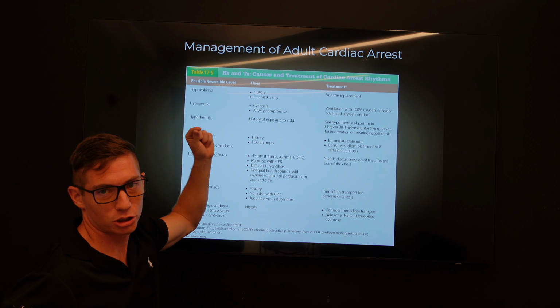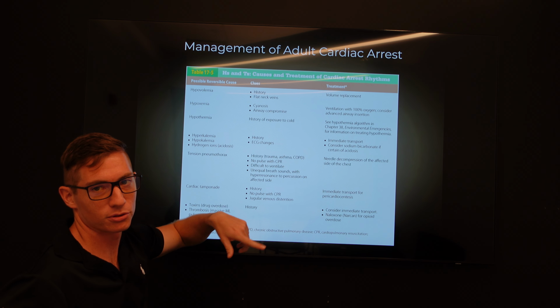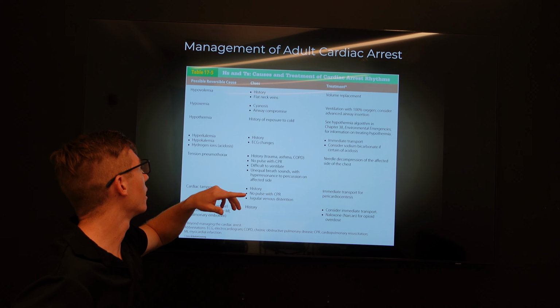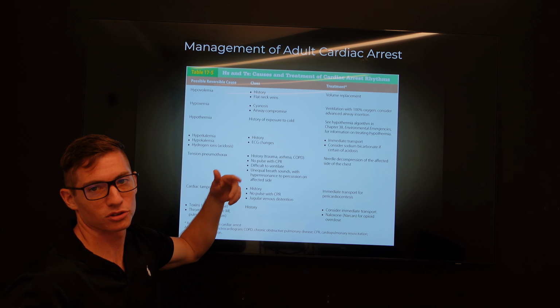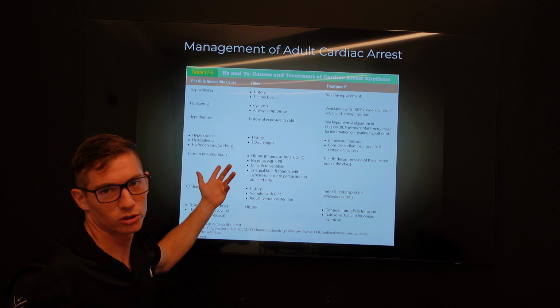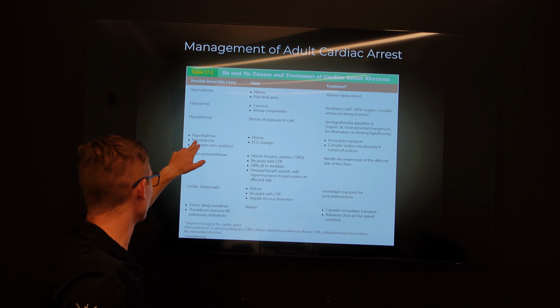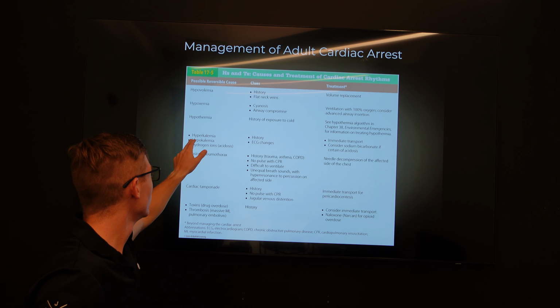The hemoglobins that are transporting oxygen are not getting to the cells, or the oxygen is just not getting to those. Somehow oxygen is not doing internal respiration to the rest of the body. Hypothermia, the cold, that's easy. Hyperkalemia, they have too much potassium in their system. They've eaten too many bananas.